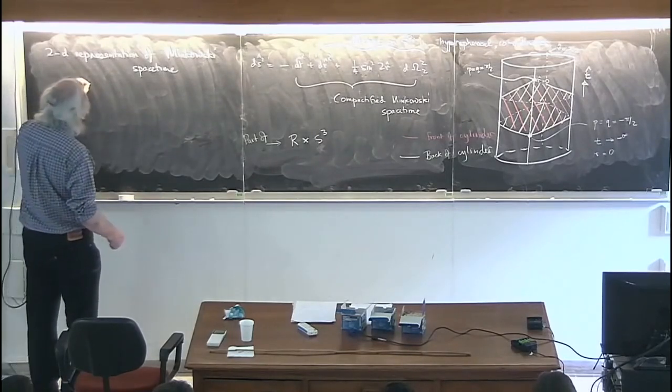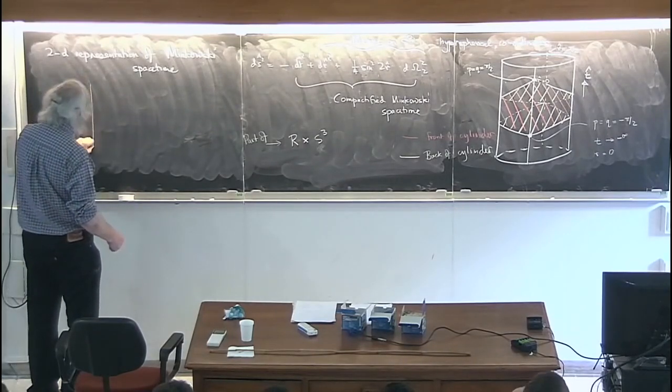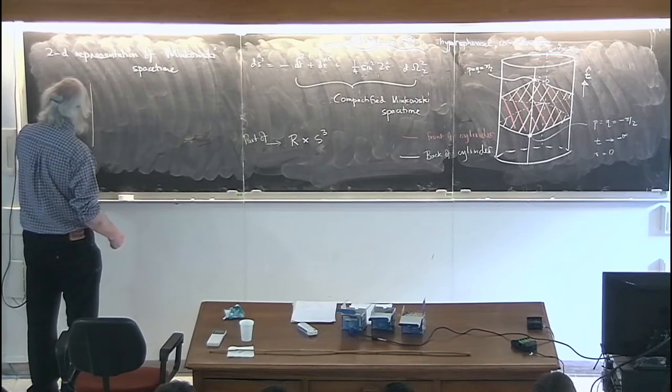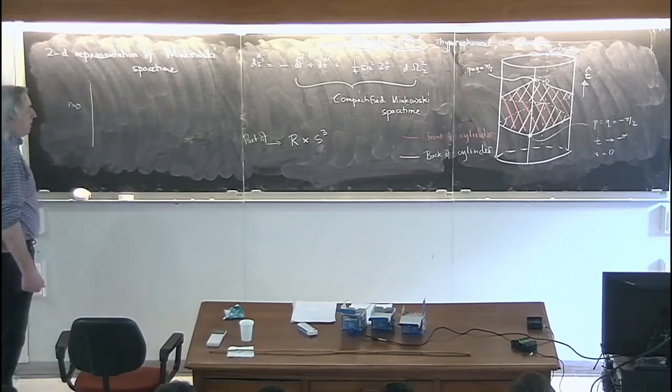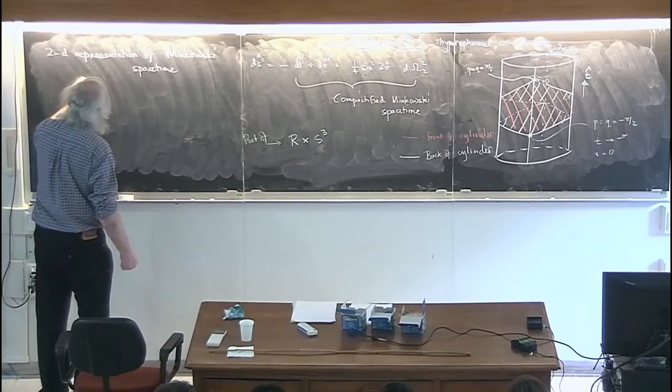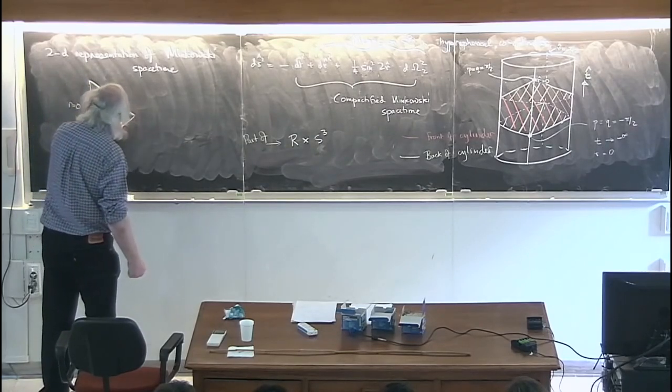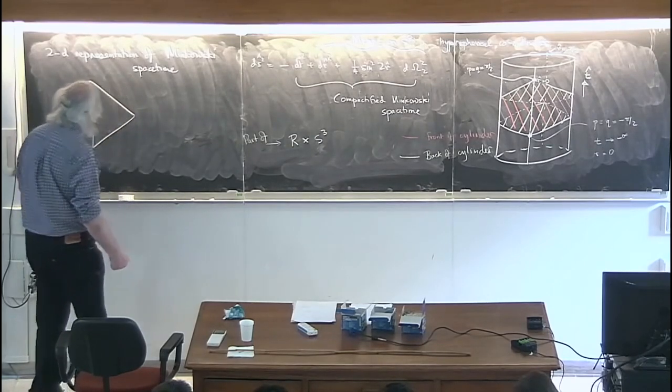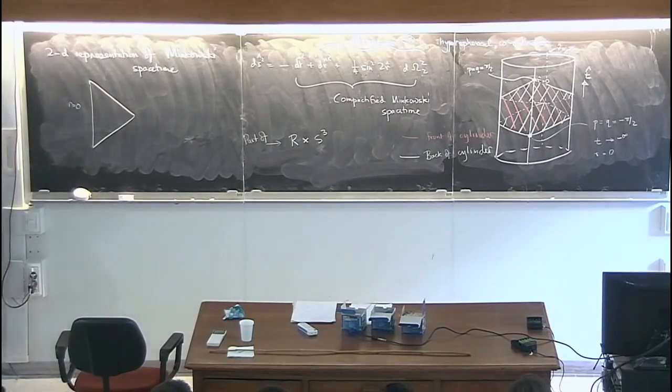Let's make this line here to be r equals 0. Then you construct a region that looks like this. Each point in here is a two-sphere.